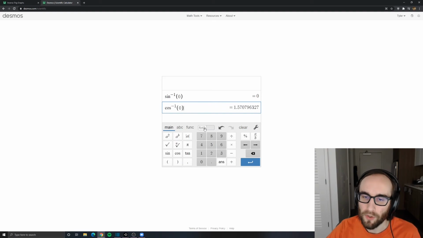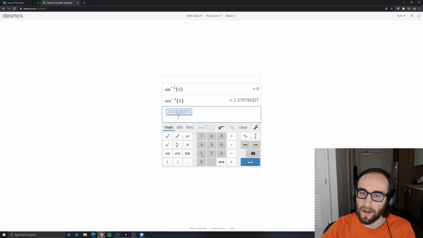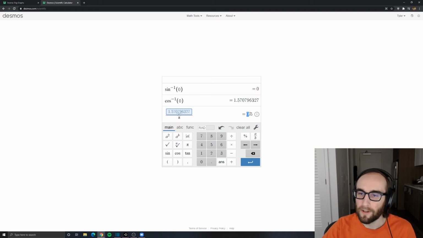So we can also switch this to radians, in which case it gives us the answer in radians, 1.570... radians. And if you ever want to take an answer like this in radians and put it in terms of pi, one good way to do that is to take whatever the number is and then divide it by pi. And that tells you how many pi's are in it. So pi over 2, or 1/2 pi's, which makes sense because pi over 2 is 90 degrees, and 90 degrees gives us an output of 0.